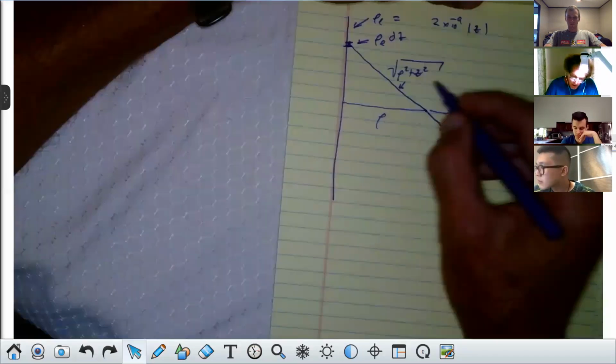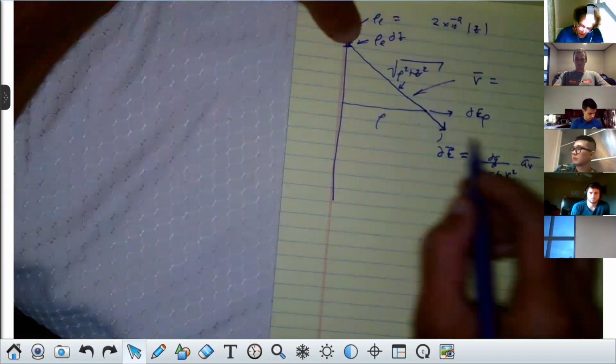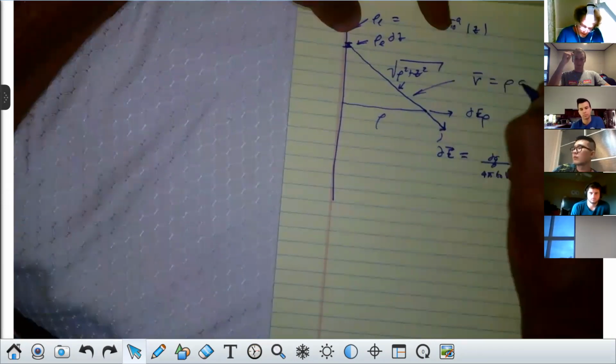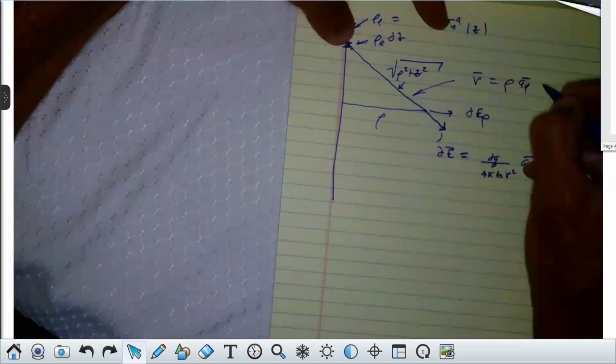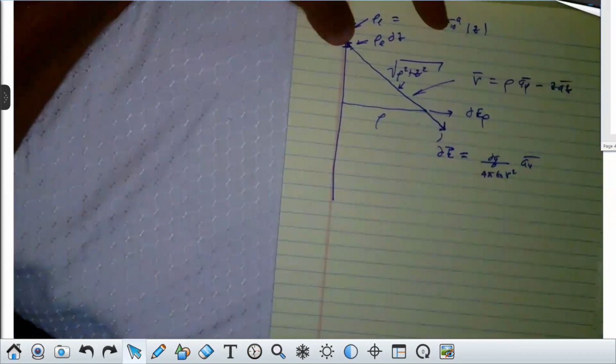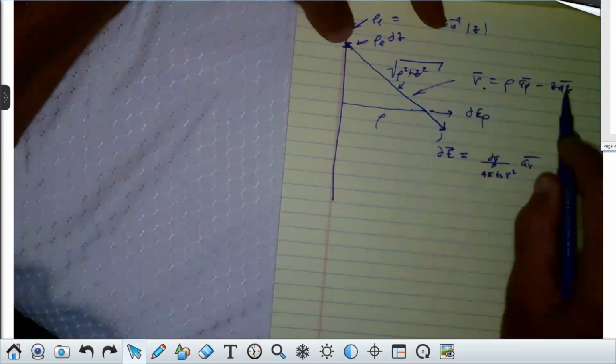Now what is r, or what is this? Well, r here, vectorially, would be rho a_rho, right? It's from here to here, and that would be minus z a_z. Do y'all agree with that? Y'all follow me? A point from here to here, or R, would be rho a_rho minus z a_z.